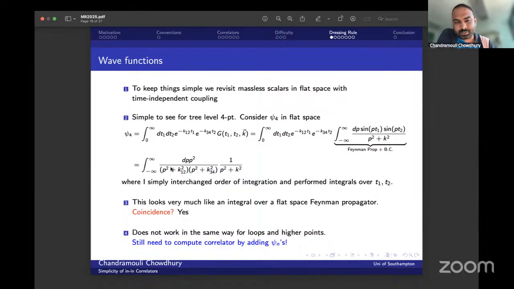You could ask if this was a coincidence, and the answer turns out to be yes: it's only in this case that it happens to be so simple. Even if you wanted to do this at 5 points, for example, it wouldn't be as simple. In fact, it doesn't work in the same way for loops, or, as I said, for higher points. Plus, this was still the wave function. You still need to do more things and compute the correlator.